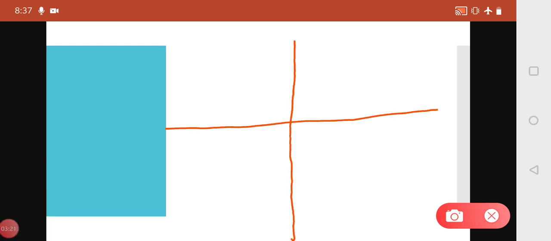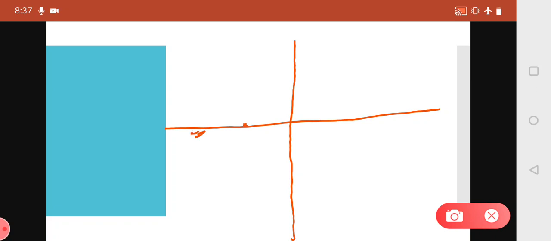In the Cartesian plane, this vertical axis is known as the y-axis. Similarly, the horizontal axis is known as the x-axis. If the value of the ordinate is 0, then the point lies on the x-axis.